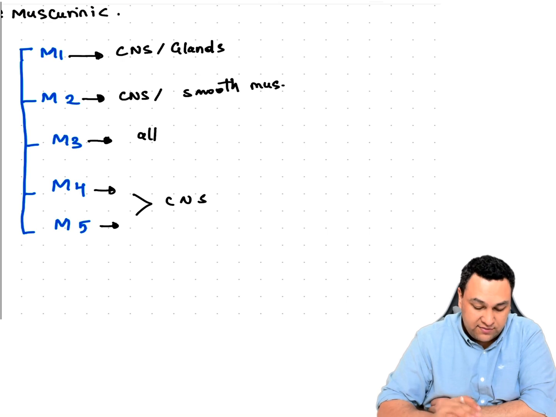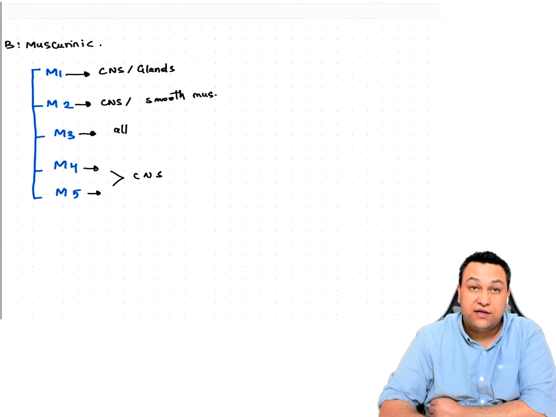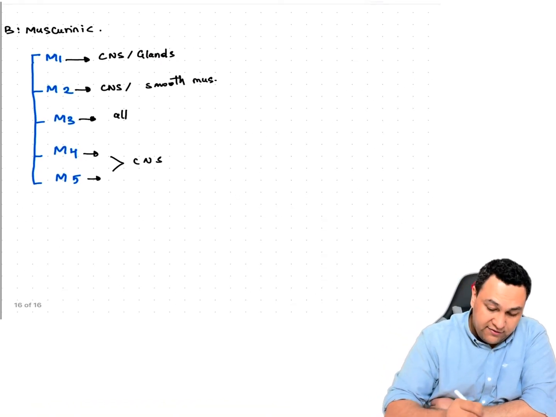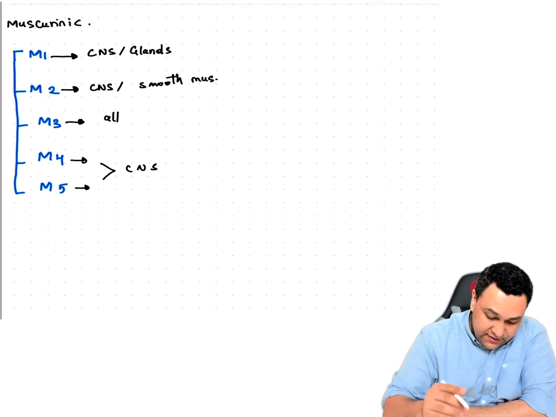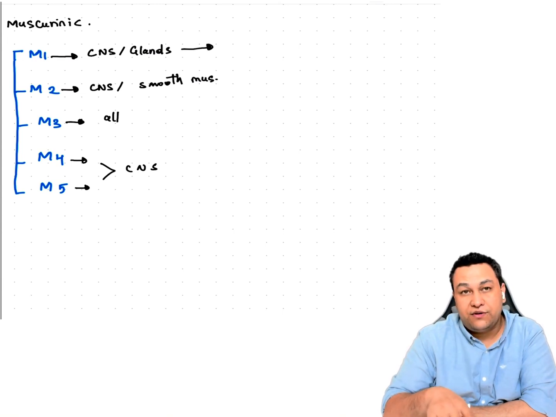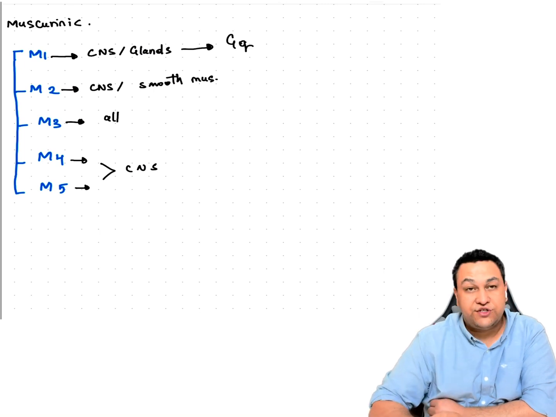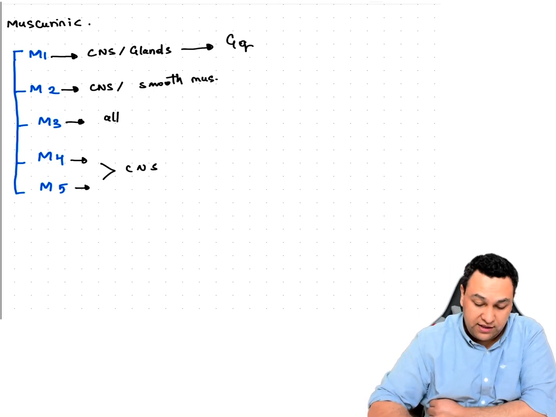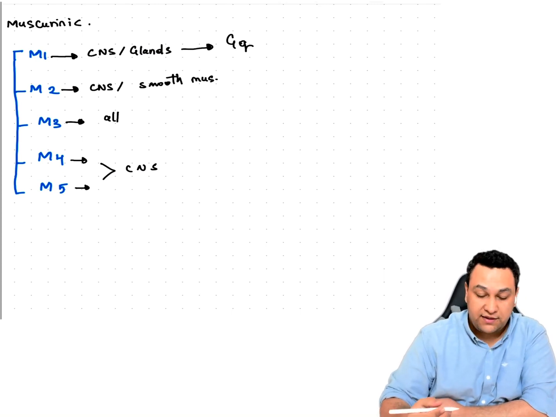So let's discuss mostly the function of these, what will be the effect of stimulating the M receptors. I'll give some specific examples here. For example, M1 is attached intracellularly to the Gq protein. And we know that the Gq protein is a stimulatory protein, so if we stimulate M1, it's going to activate something.